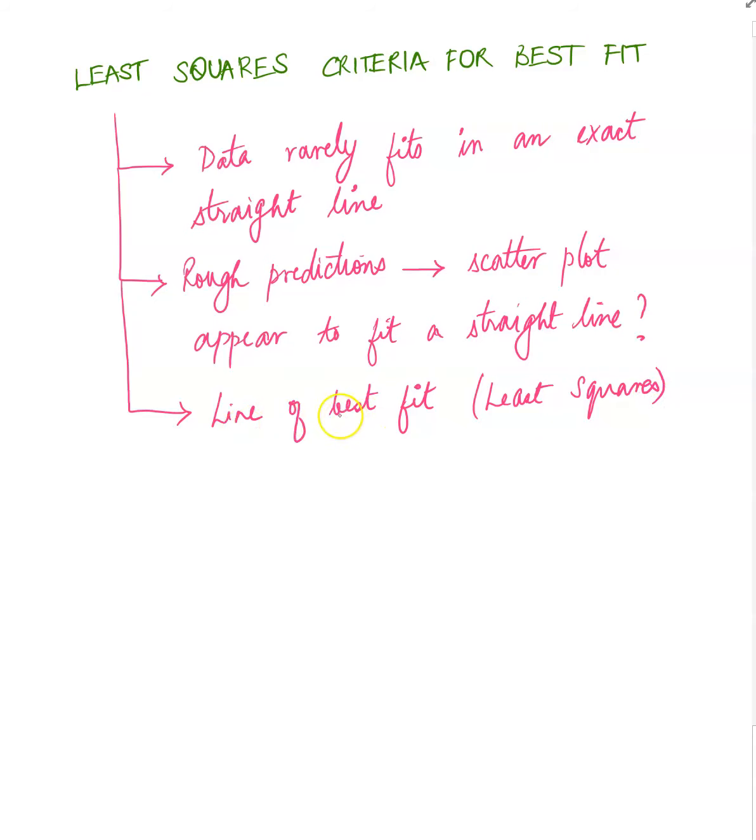If you're able to fit the scatter plot close to a straight line, that line is called the line of best fit, and the equation of that line, meaning y equals mx plus b format, right? So you can see the line, but you need to give it an equation. So the equation of this line is called the linear regression equation.